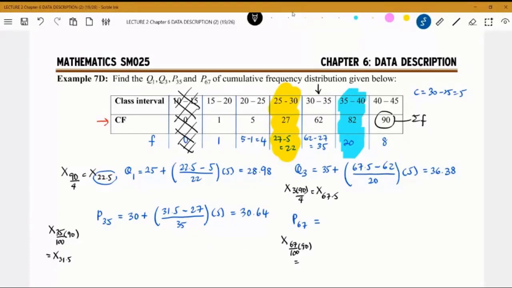So here will be the observation for percentile 67. We have observation 60.3.